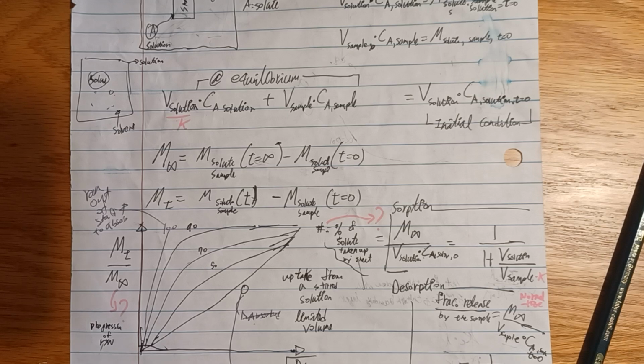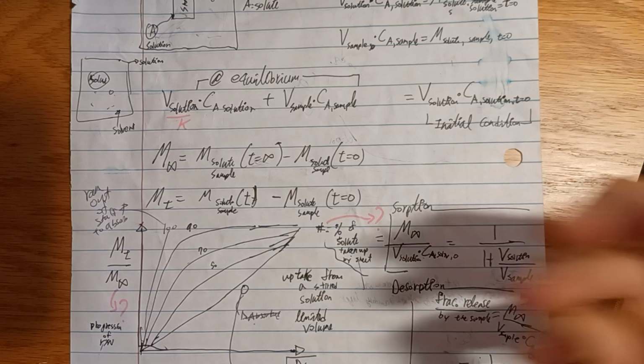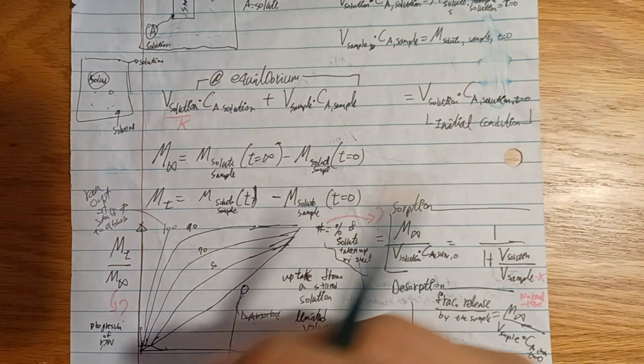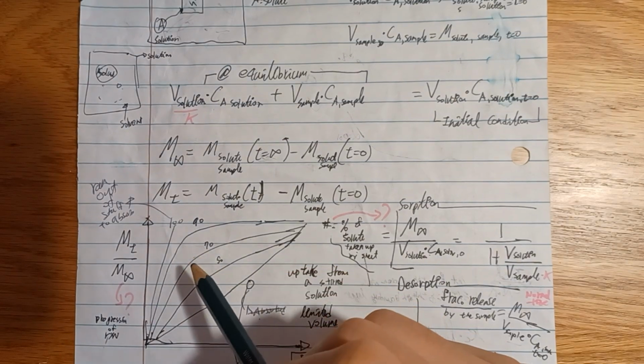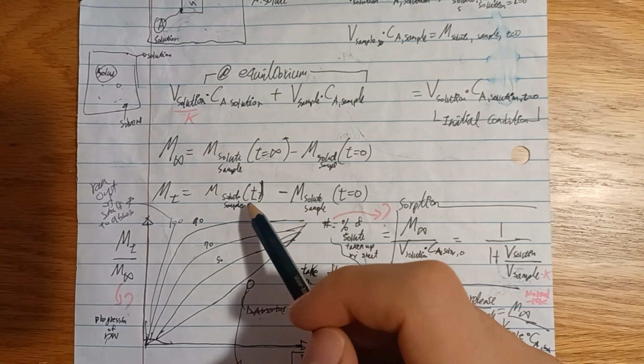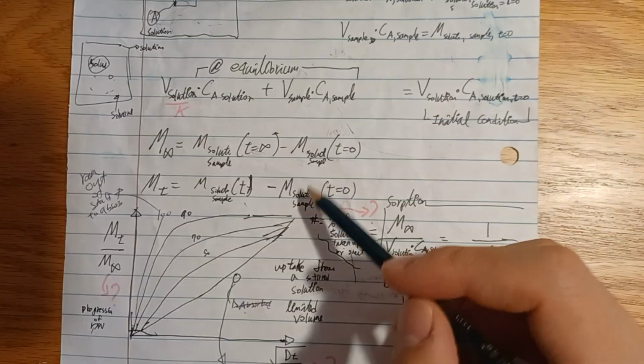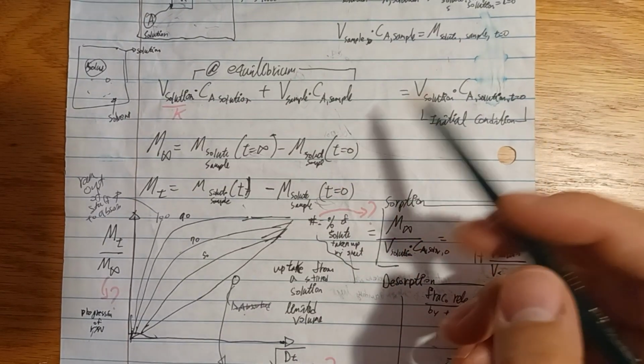So we are seeing how much extra solute has been inside the sample after the reaction has occurred. And MT is the mass of solute in the sample at a certain time minus the initial mass of the solute in the sample.